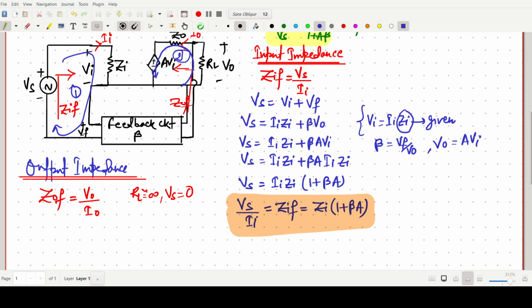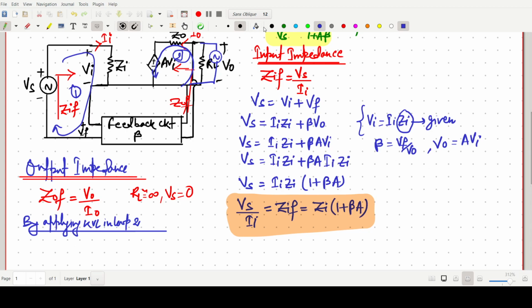By applying KVL in loop 2. For this purpose we have added a voltage source V naught, and we have made this RL load open circuited.